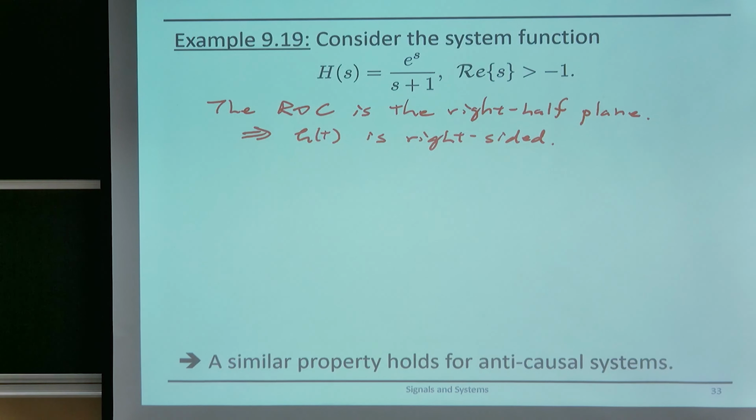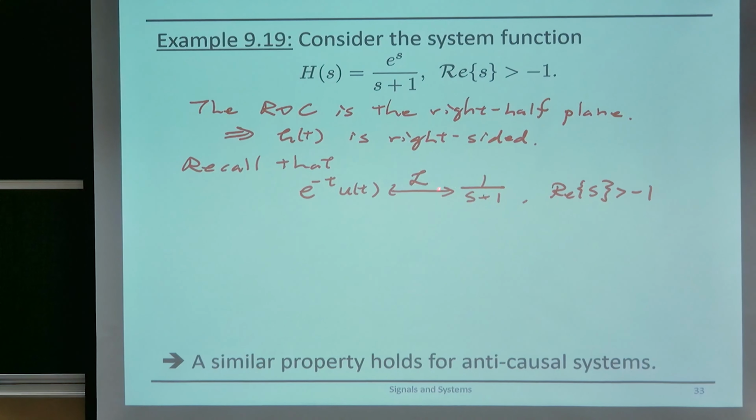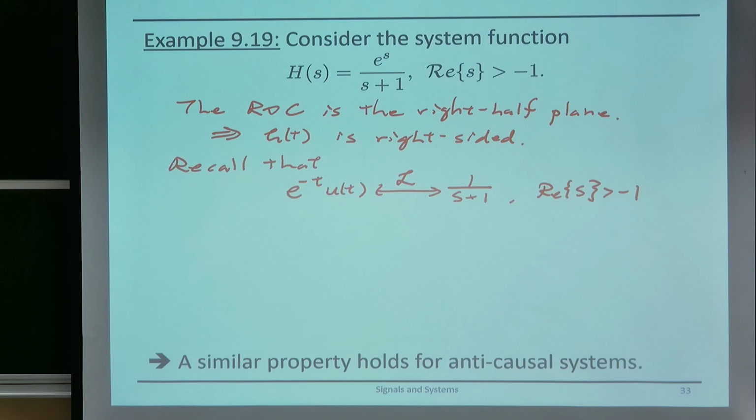Now, recall that e to the minus t u of t has a Laplace transform that is 1 over s plus 1, with region of convergence greater than minus 1. So we know that this one-sided decaying exponential has a Laplace transform that is 1 over s plus 1, with region of convergence greater than minus 1.